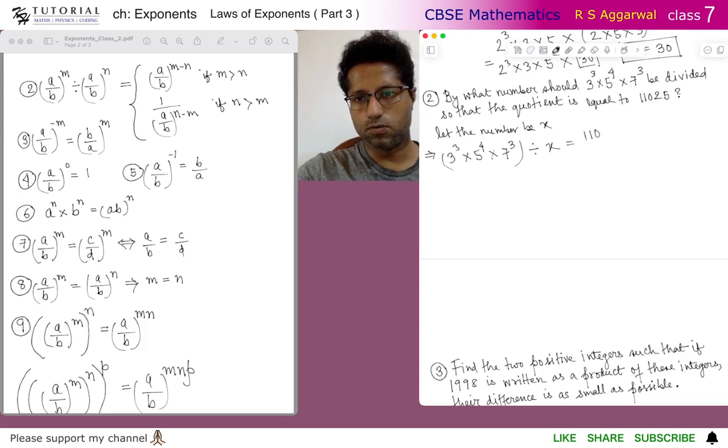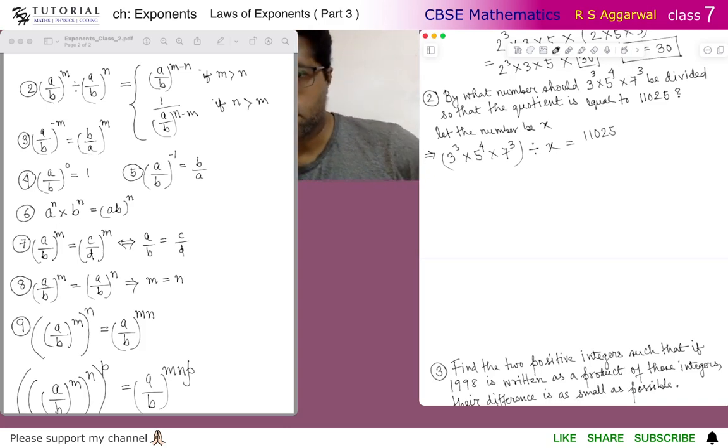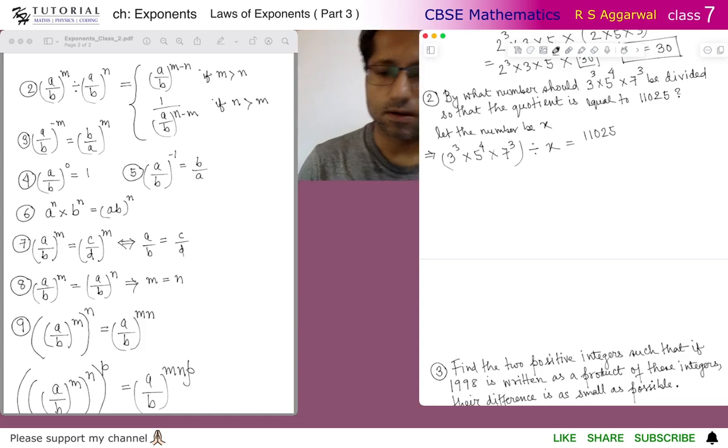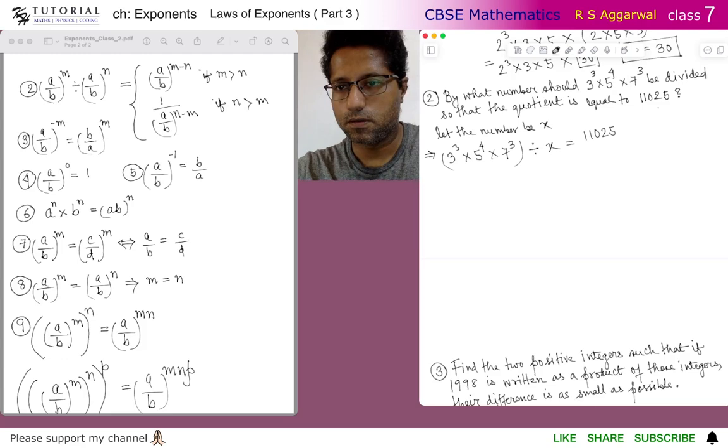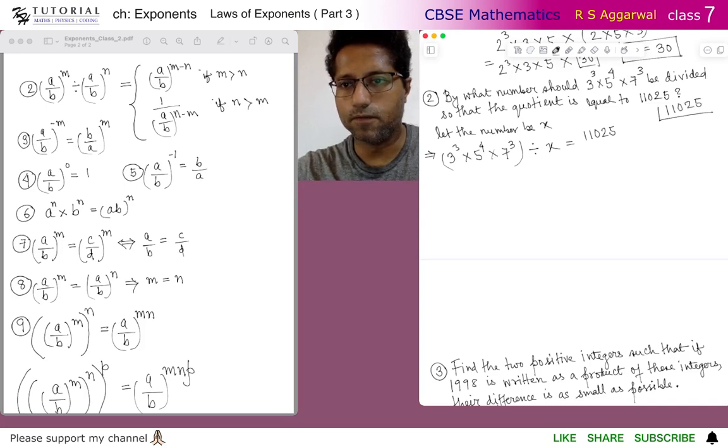So the main concept is to express 11025 as a product of primes, that is we have to find its prime factors. So let's find out the prime factors of 11025. Let's divide by 5. We get 2205.